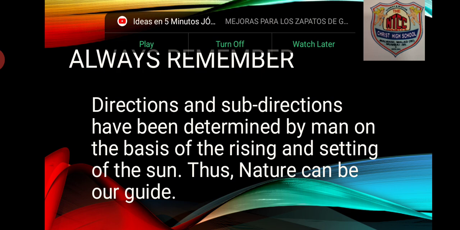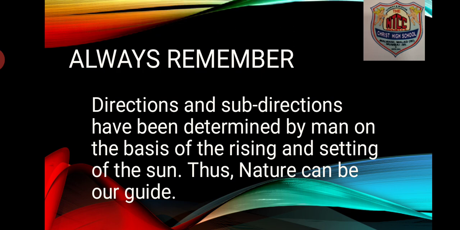The sun rises in the east. So, when you can find the east direction, all other directions can be found out. So this all is based on the rising and setting of the sun. The sun is a natural thing, and nature can help us to find the directions.